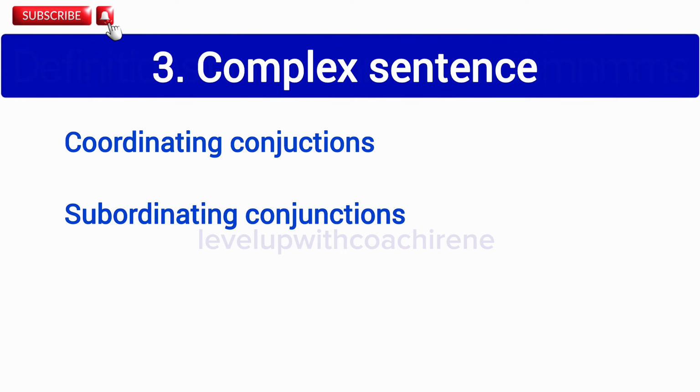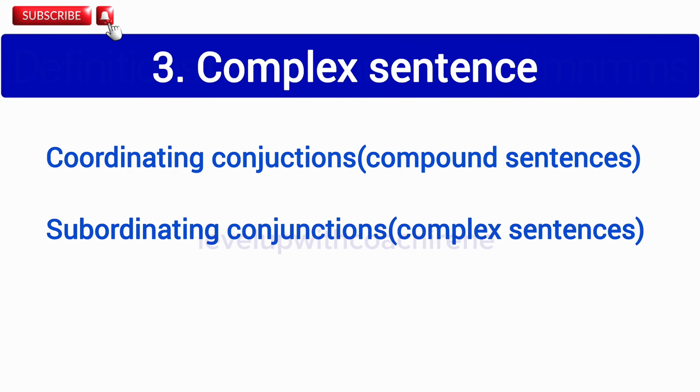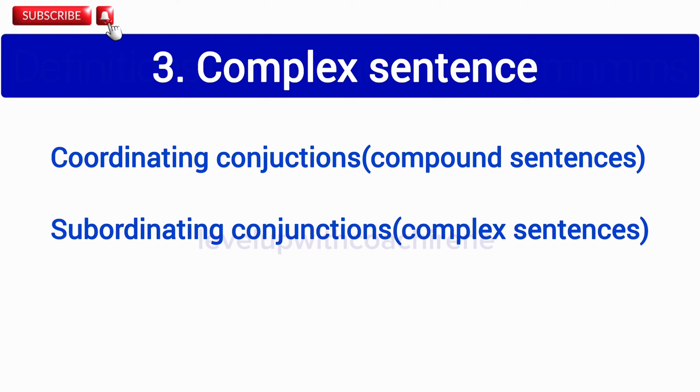Note that coordinating conjunctions and subordinating conjunctions are different. Whilst coordinating conjunctions are used for compound sentences, subordinating conjunctions are used for complex sentences. If you want to know more about conjunctions, click the link in the description box where I talked about everything that has to do with conjunctions.